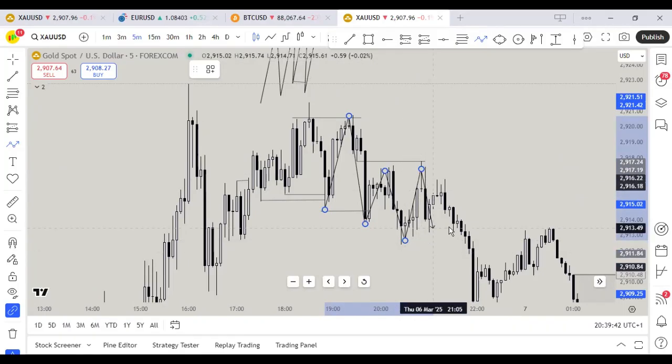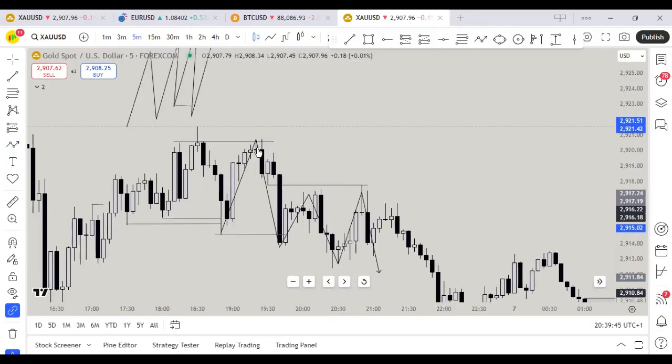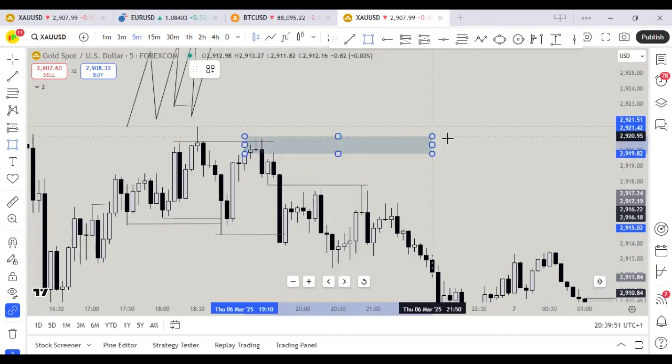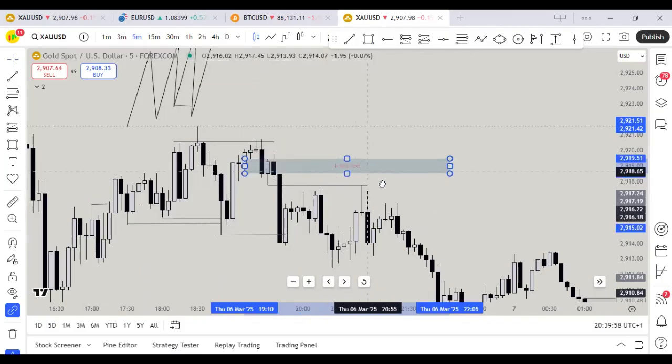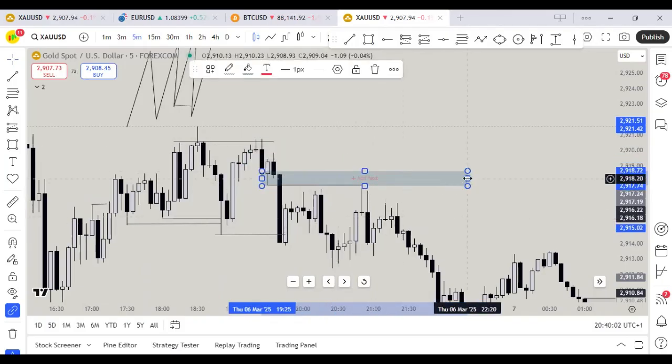Say like most people be saying this is their POI. They are not wrong. This is their POI because you'll be expecting this to be their POI. This is your liquidity and this is your POI. It does not make sense like that. So make sure your liquidity is very, very close to your POI.